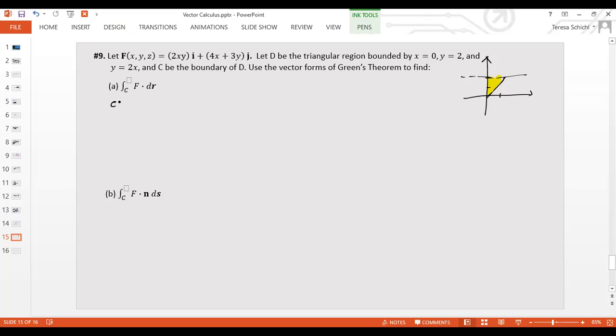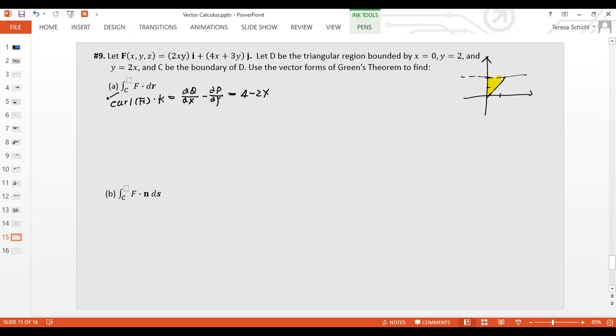So we said curl F dot K is basically, like we showed, ∂Q/∂x minus ∂P/∂y, and you will get 4 minus 2x here.